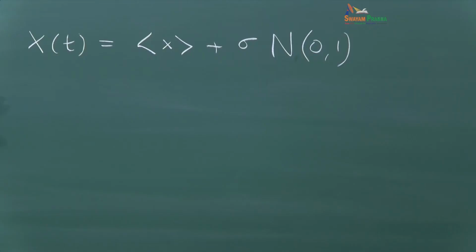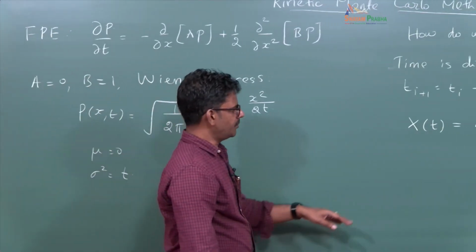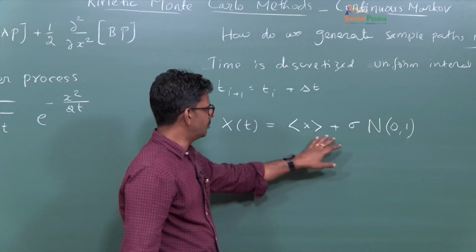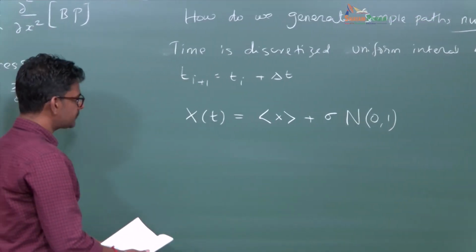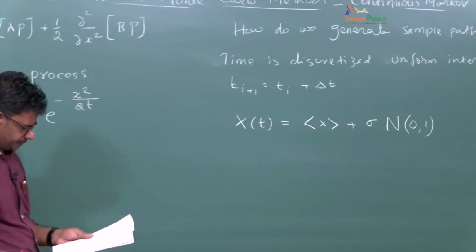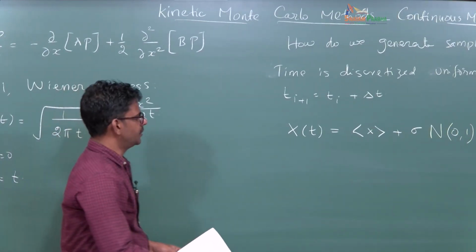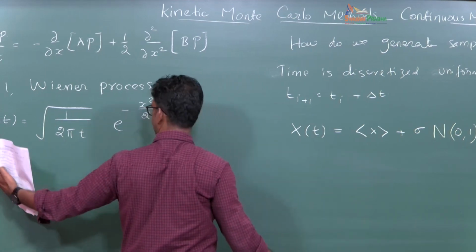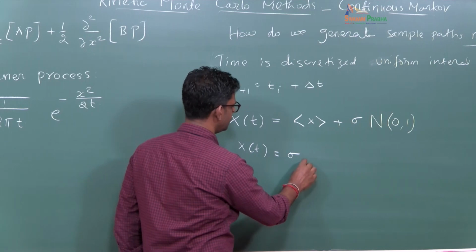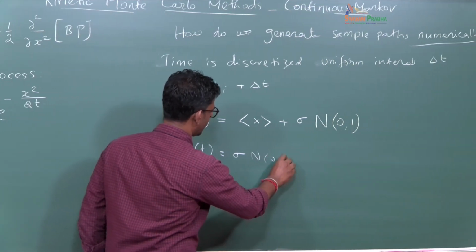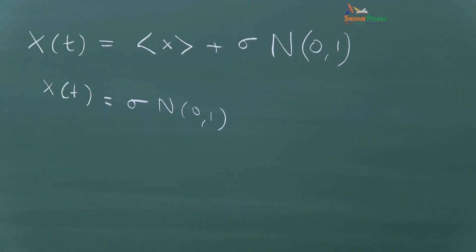So x of t is a random variable that describes this Wiener process, given as its mean value plus sigma times n, but we know that in this case the mean is 0 because E of x is 0 here. So x of t is simply given as sigma times n of 0 comma 1. In this Wiener problem, sigma is nothing but square root of t.